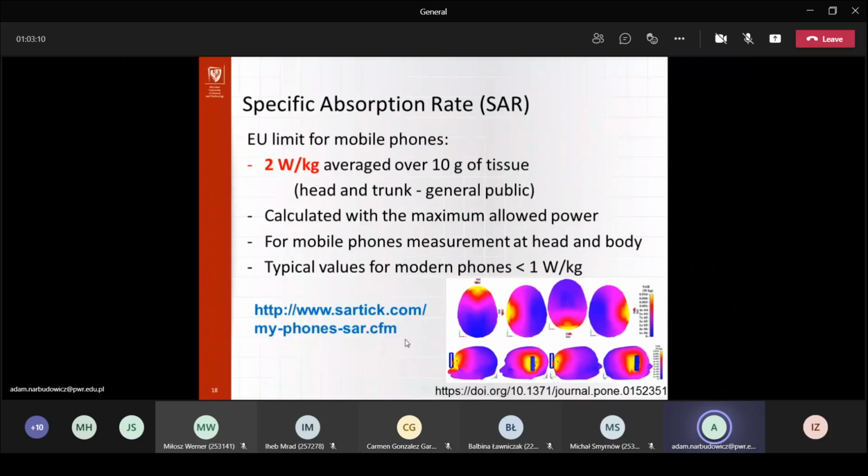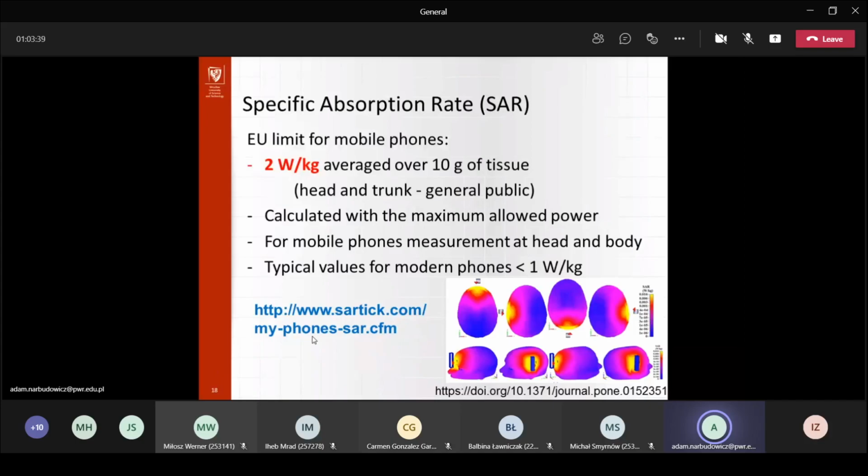Typically, as said, you will find two SAR values. One measured with respect to the head, so when you're just holding the phone next to your head, and the second one with proximity to the body. So if you're interested, I encourage you to look into that website and see if there is data about the phone that you're using.